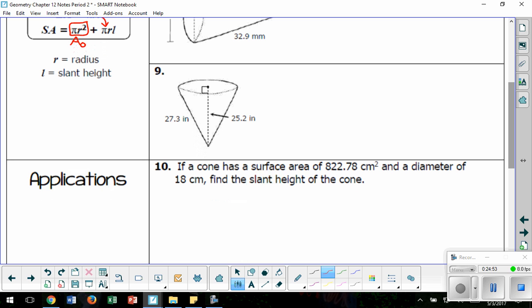On number 9, we need to find the radius. So here's my triangle.